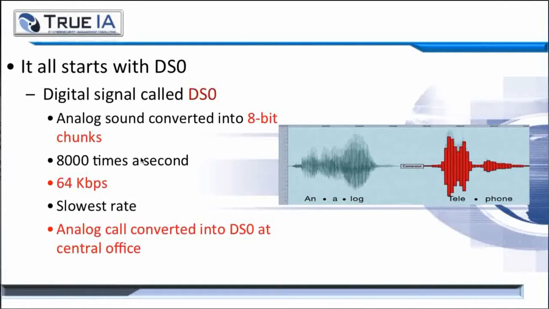So this new beginning, these are the digital signals called DS zeros. Analog sound converted into 8-bit chunks, and then those 8-bit chunks are transmitted at 64 kilobits a second. An analog call is converted into DS0 at your central office.